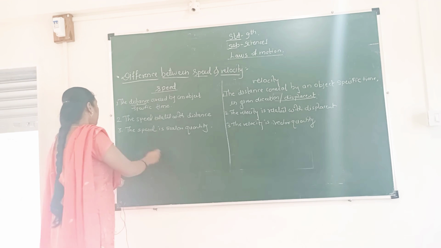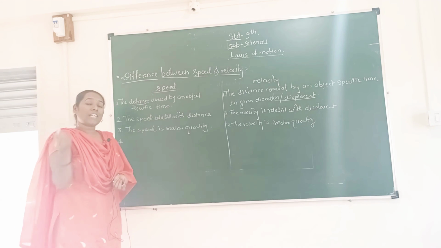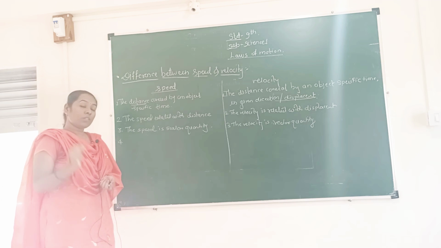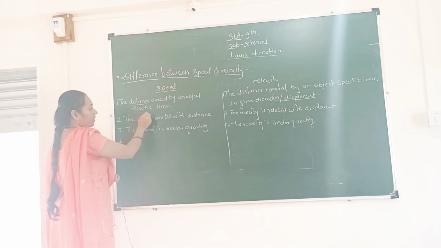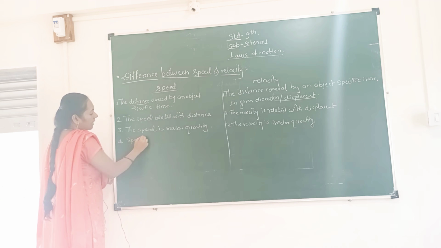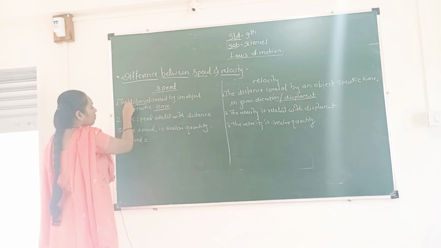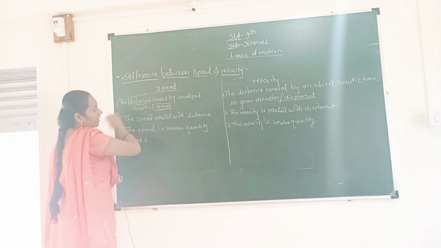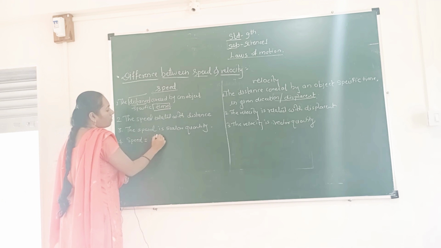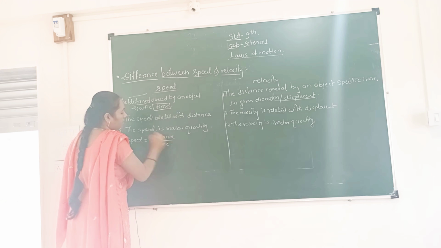Point number 4: what is speed? Speed is a ratio of distance upon time. From the definition, we can write the formula for speed: it is a ratio of distance, first word, and time, second word. So we can write it is the ratio of distance upon time.